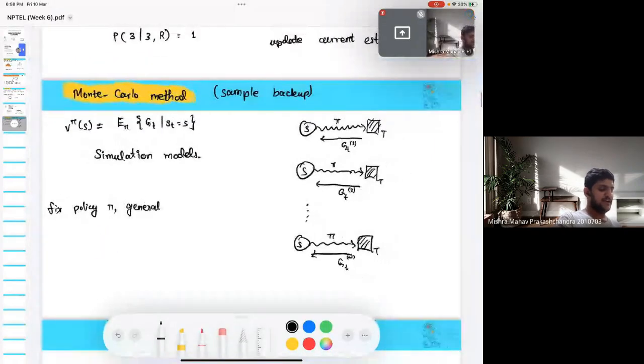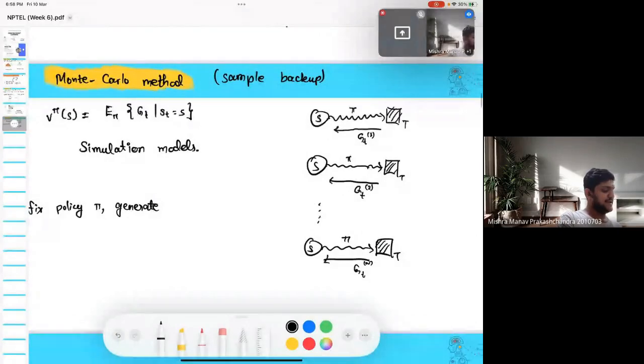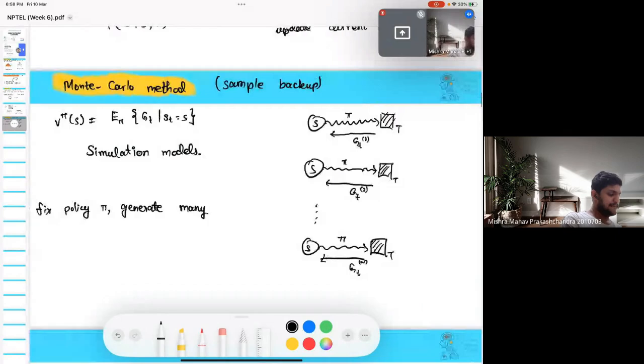So the idea behind Monte Carlo is that you fix a policy pi and then you generate many trajectories. This is the approach for Monte Carlo methods.